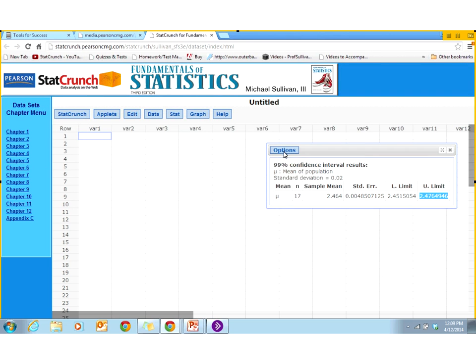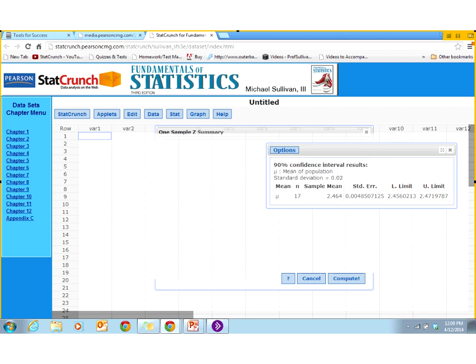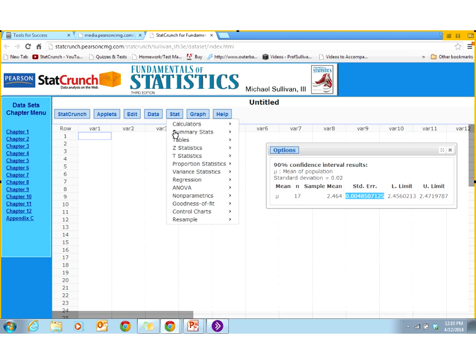We can go into options, edit, confidence level is 90, compute, and we can see this margin of error got smaller, because the 0.9 confidence interval is going to have a smaller z of alpha over 2, and we can see that here.